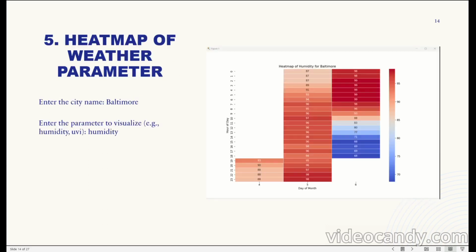For the fifth one, which is a heat map of weather parameter, I chose Baltimore. As we can see, the humidity is quite high, and I think it's because of the rainy season right now.